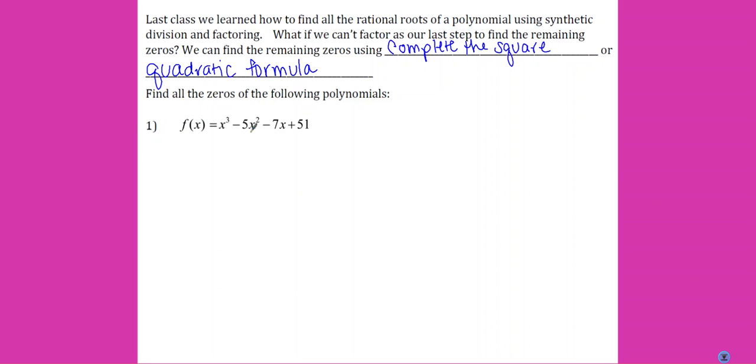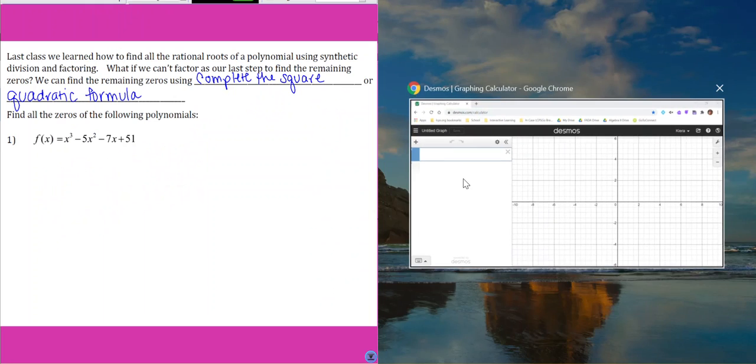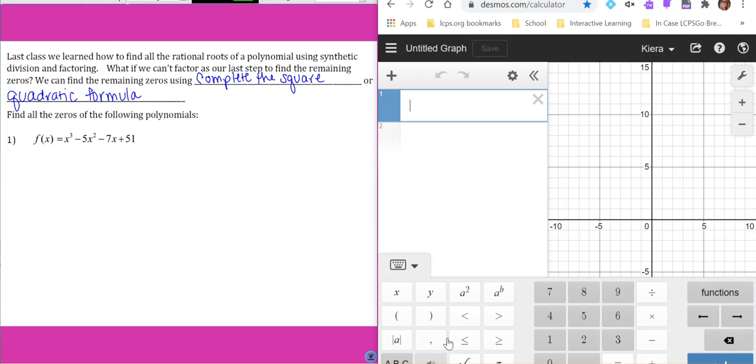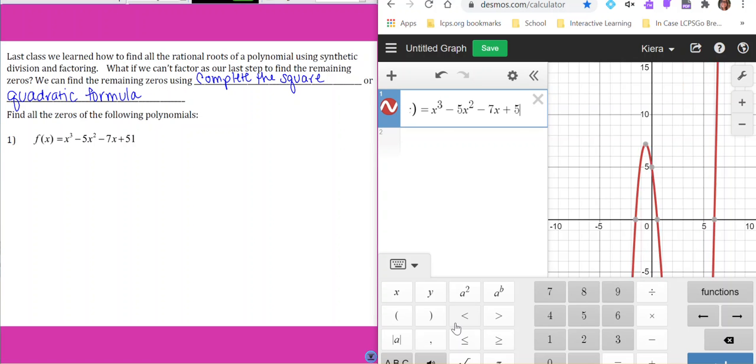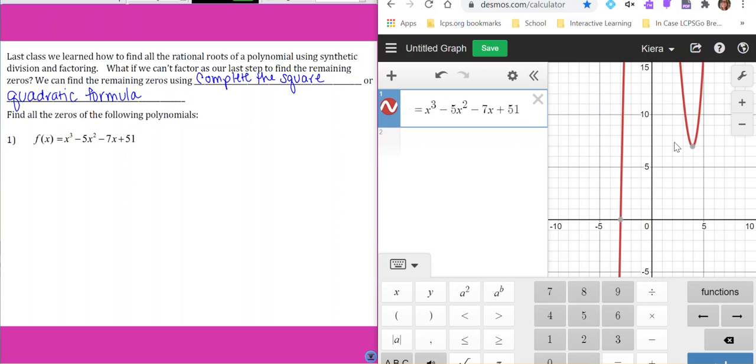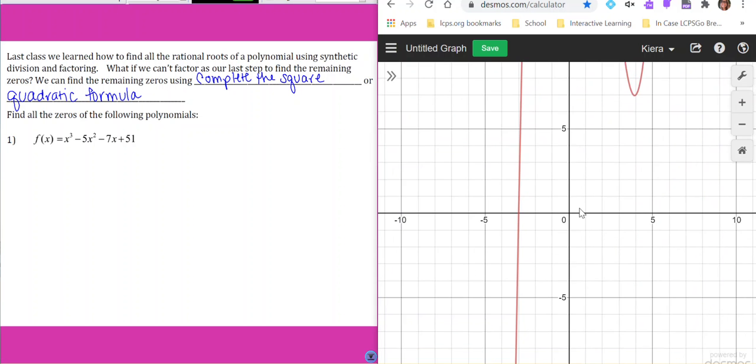So here we're given a polynomial and we're going to find all the zeros. The first thing we want to do is look at the graph. Okay, so zoom out a little bit.